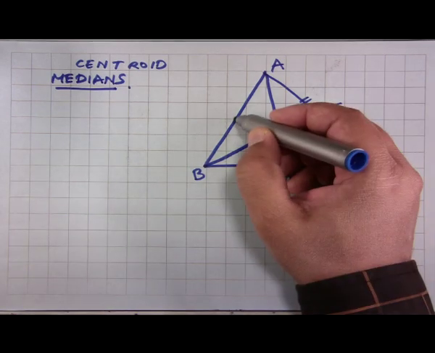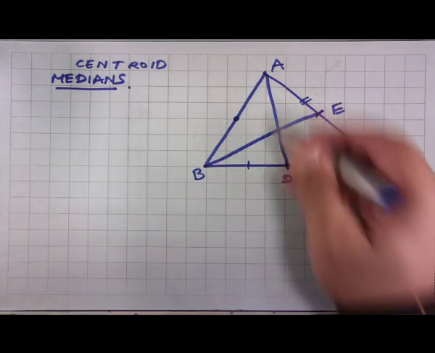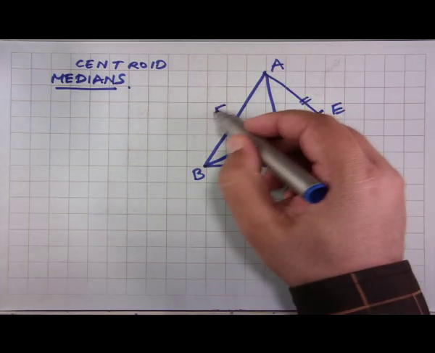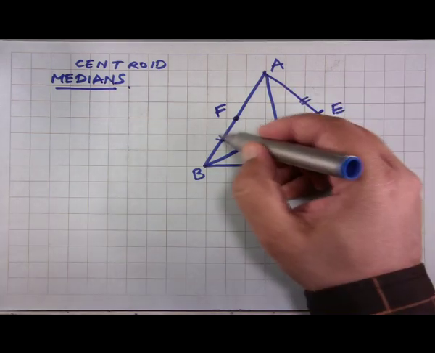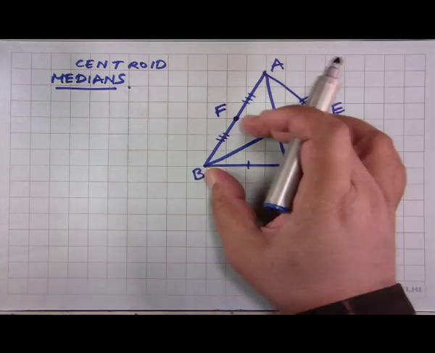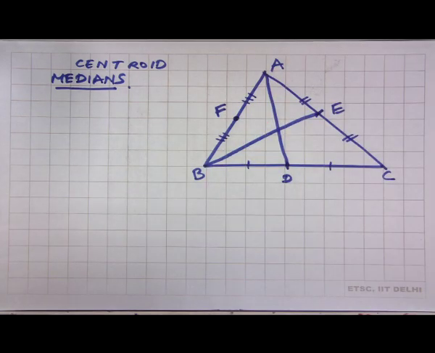Now, let us say that the midpoint of the third side AB is F, such that these two segments are equal in length.